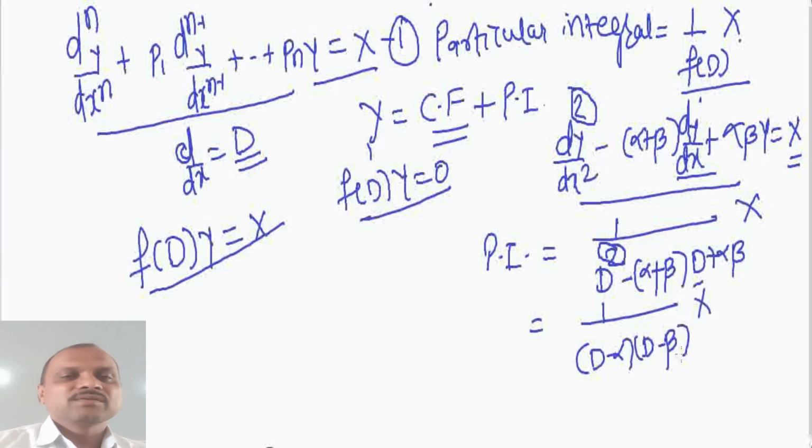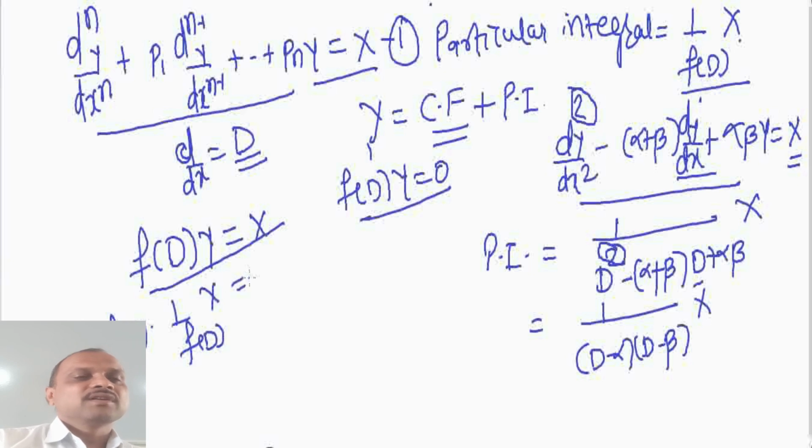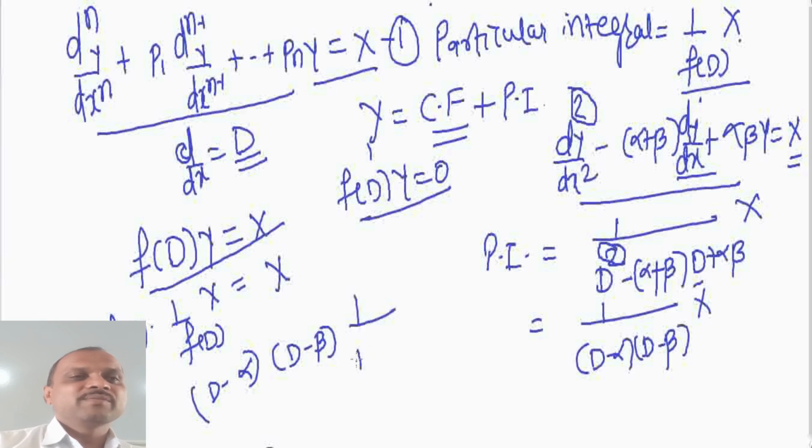Whenever we operate f of D on 1 divided by f of D of x, this should be x. So whenever we operate (D minus alpha) into (D minus beta) on the operator 1 divided by (D minus alpha) into (D minus beta) on x, here just interchange this factor.